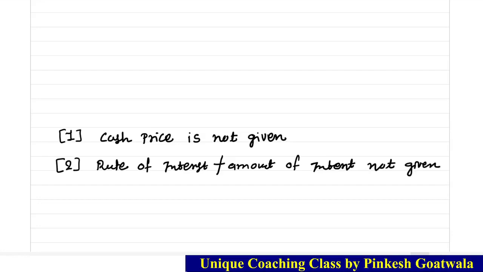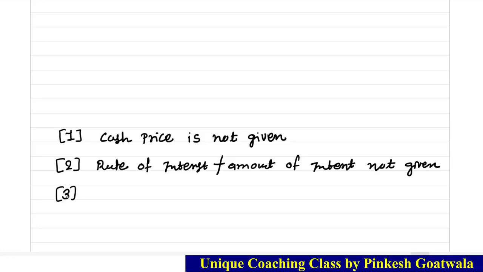Rate of interest will not be given and amount of interest will not be there either. We have solved a sum where rate of interest is not available but amount of interest is given, like in the previous video. So we can also solve that. But when rate of interest plus amount of interest both are not given, it's the second type.